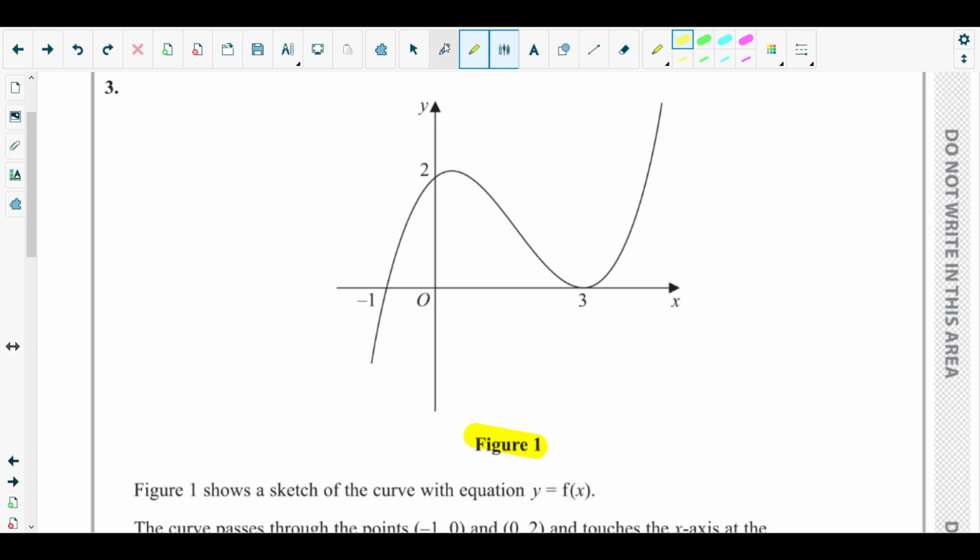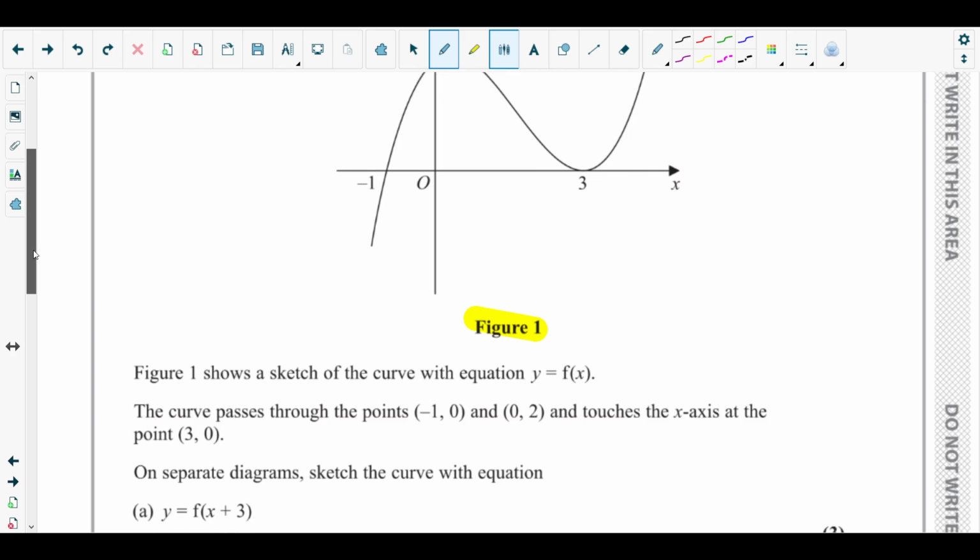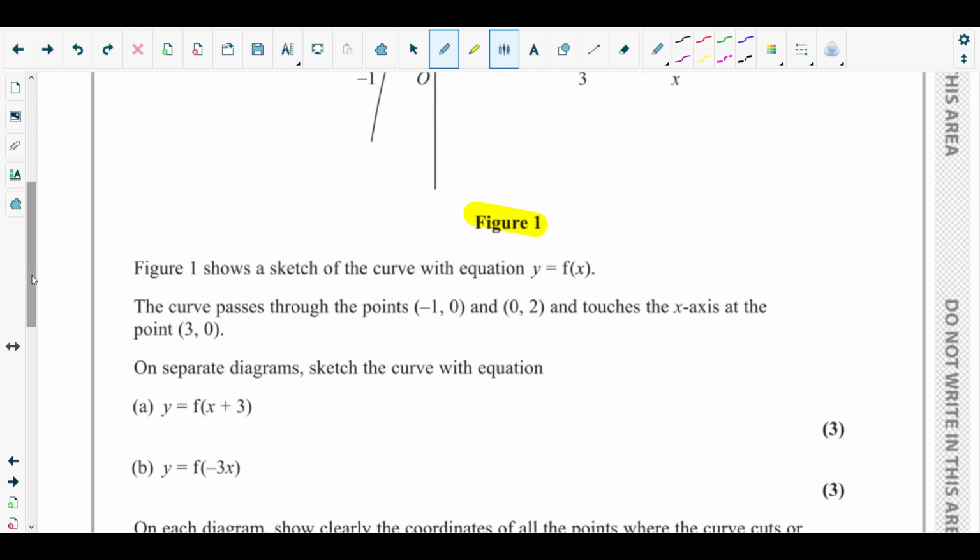The equation of the curve is not given, but there are 3 points where the curve passes through: -1, 0, which is the x-intercept, 0, 2, that's the y-intercept, and it touches the x-axis at the point 3, 0. It touches, not intersects.